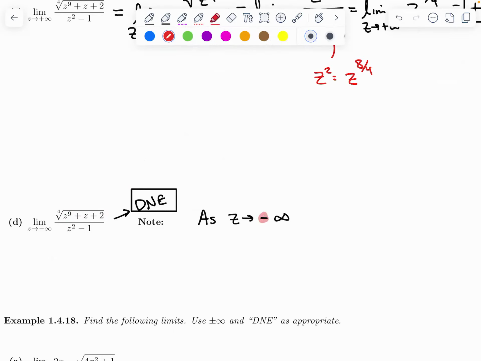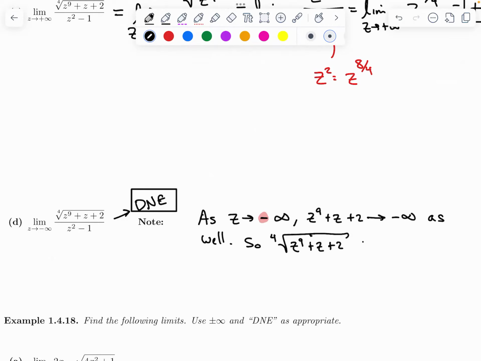As z goes to negative infinity, z to the 9th plus z plus 2 will also approach negative infinity. So the 4th root of z to the 9th plus z plus 2 will not exist.